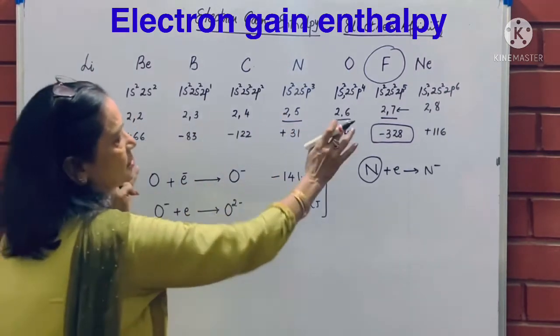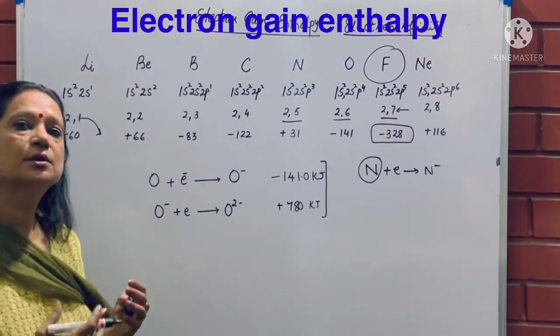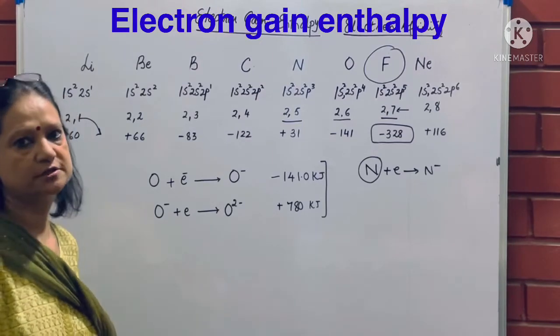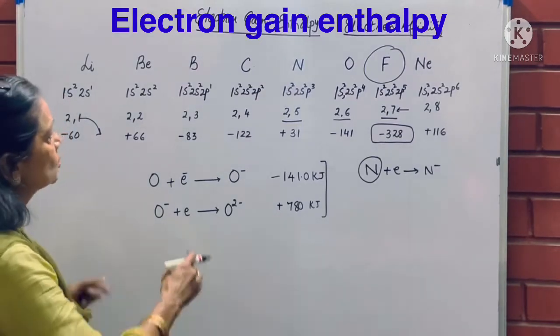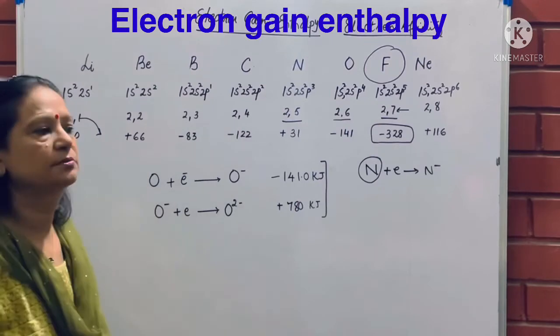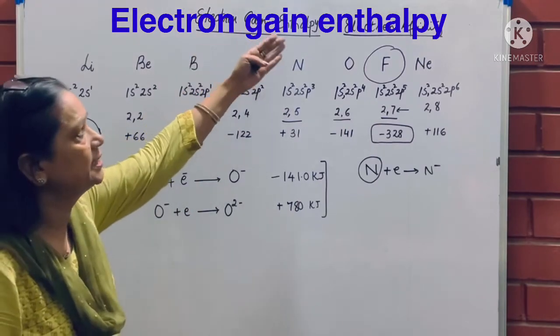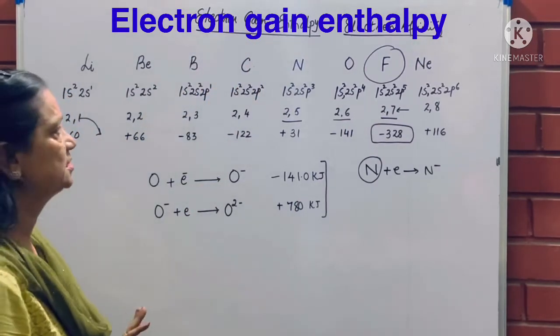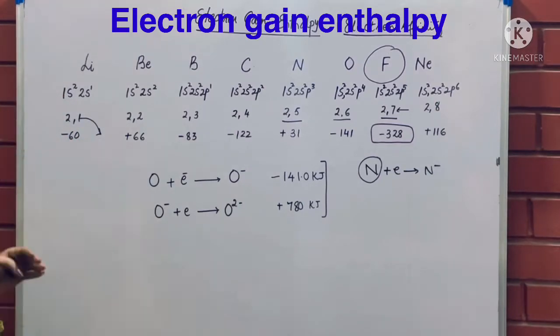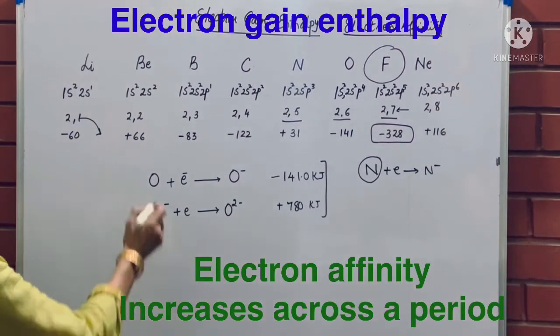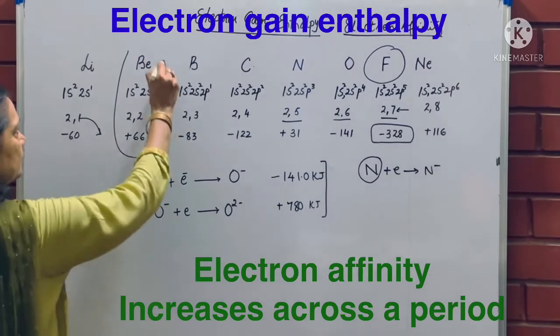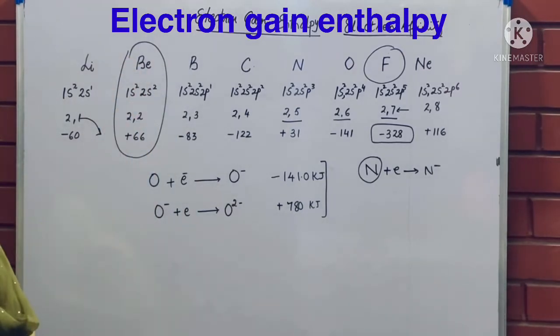From left to right in the periodic table, as the atom requires electrons, that much energy it releases. So firstly, left to right in the periodic table, electron gain enthalpy or electron affinity value goes on increasing. Now in a few cases, like here, again it is a stable atom.